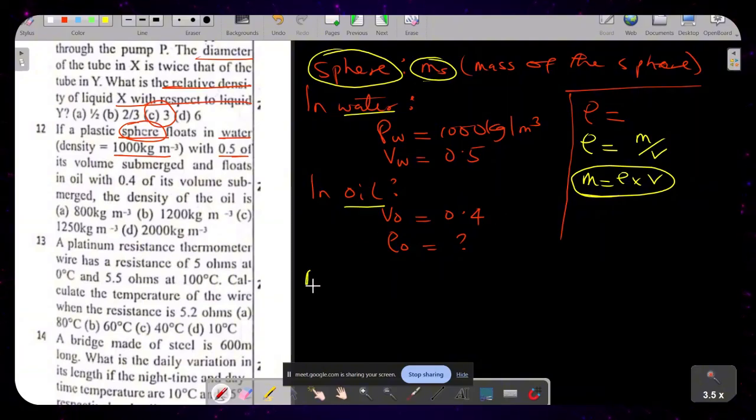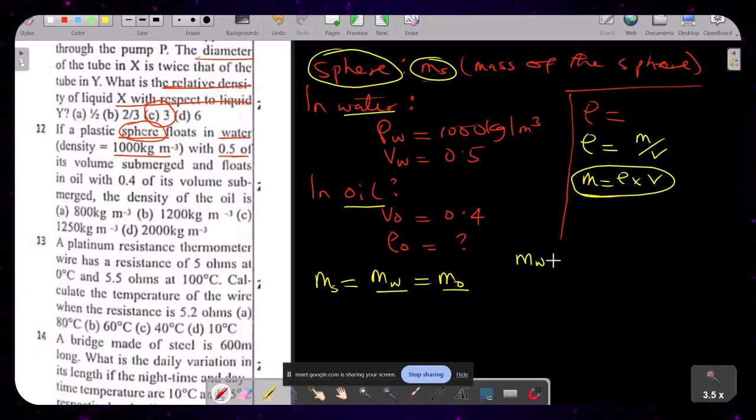Since we did not change our mass, the mass of that sphere will be the same in water, and the same in oil.